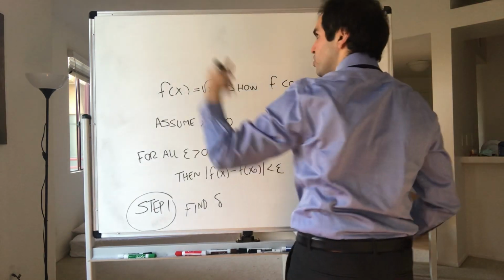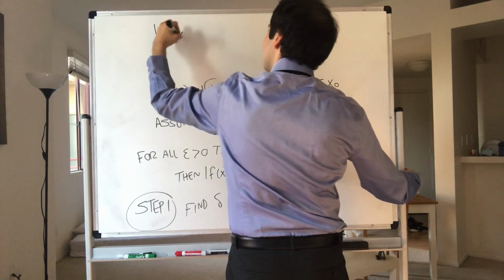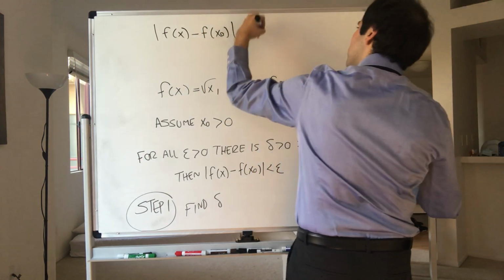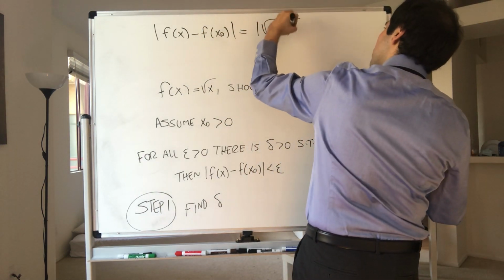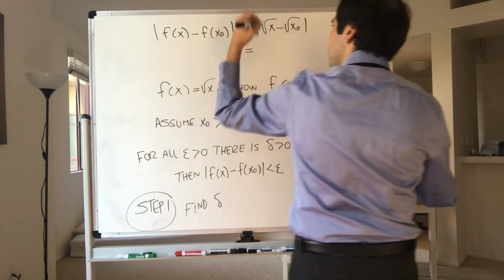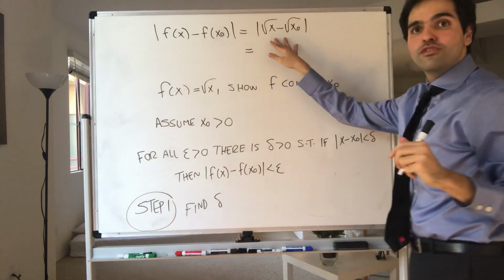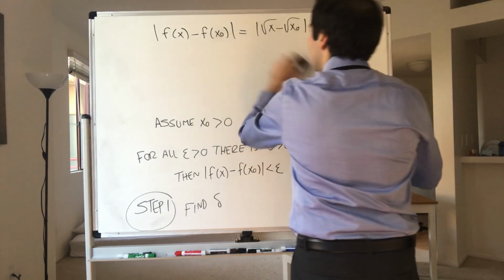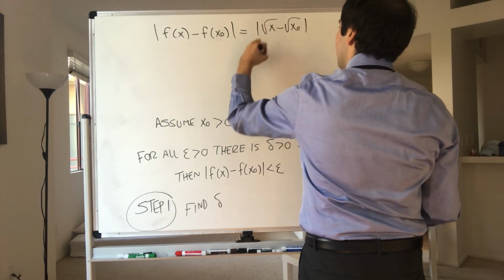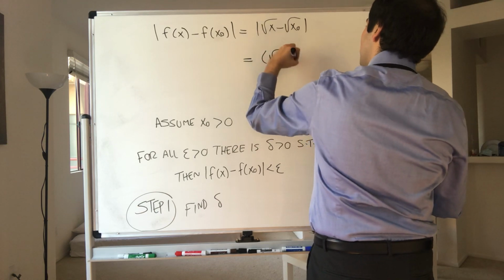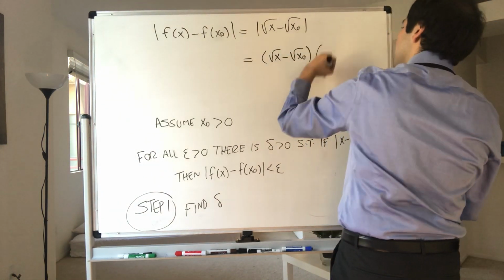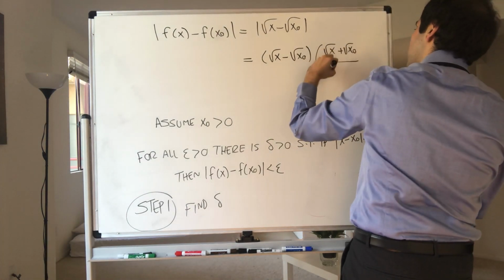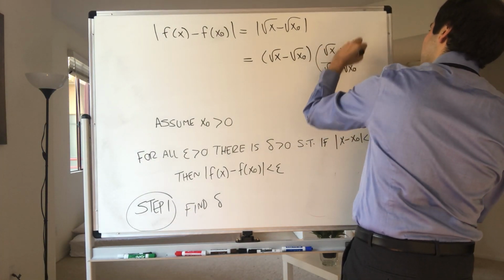Well, let's just consider the difference. So f of x minus f of x naught, that is just square root of x minus square root of x naught. You have a difference of square roots, so you just multiply by the conjugate. So that becomes the absolute value of square root of x minus square root of x naught times square root of x plus square root of x naught, over square root of x plus square root of x naught.